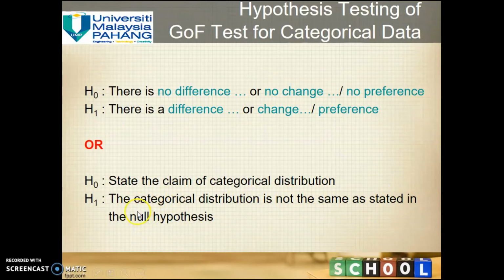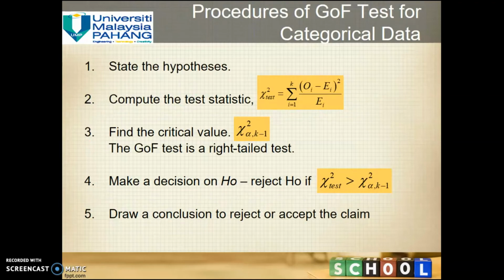So H1 will contradict what you state at the null. Null, you state the claim, or you can state that there is no difference, no change. H1, there is a difference. We will go to the example later, then you can see how we formulate the hypothesis.